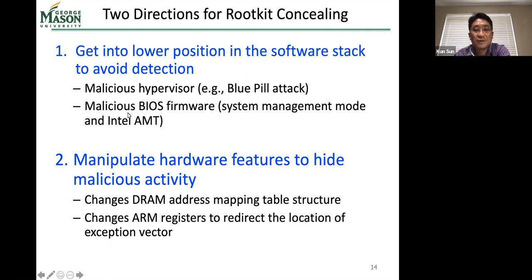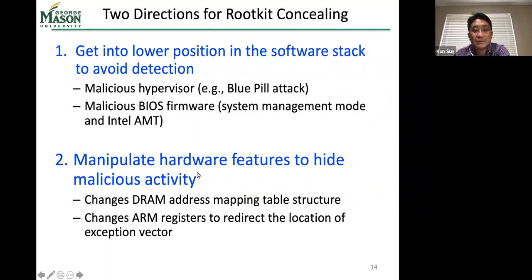Even lower, if the attacker can insert malicious code into the BIOS firmware, for example the system management mode or Intel AMT, then the hypervisor, virtual machines, and OS are not secure anymore. So this is one direction.